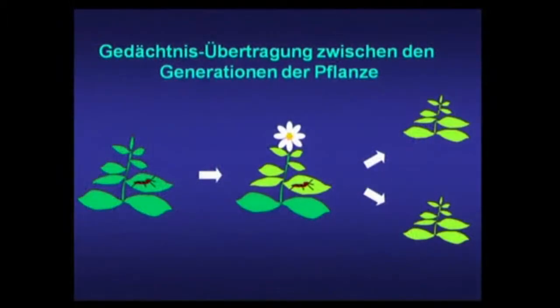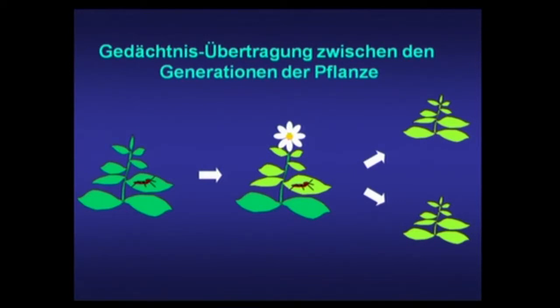According to some scientists, it even happens between different plants. And it can go on for generations. Something detrimental to the plant is present, be it a virus or UV light or whatever.